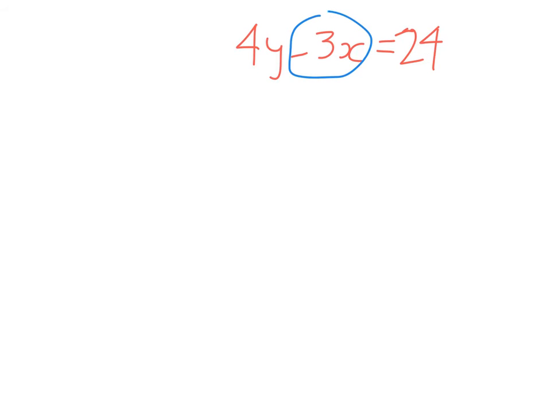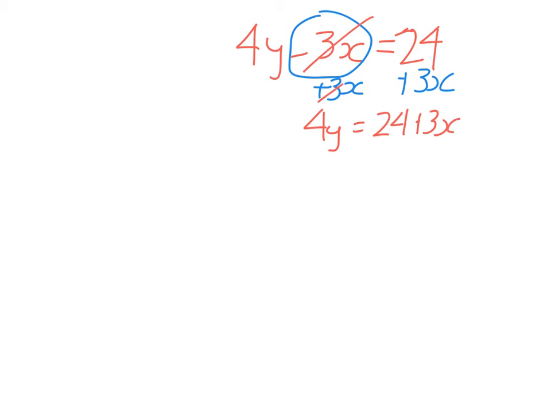So I want to get rid of this minus 3x, so I just treat it like a normal number. I add 3x to both sides. Then I get 4y equals 24 plus 3x, of course. Negative 3x and positive 3x cancel out. This may look like it's in gradient-intercept form, but it's not because it's 4y equals something, not 1y equals something. So I need to do another step.